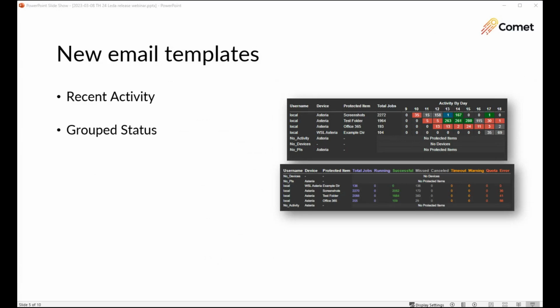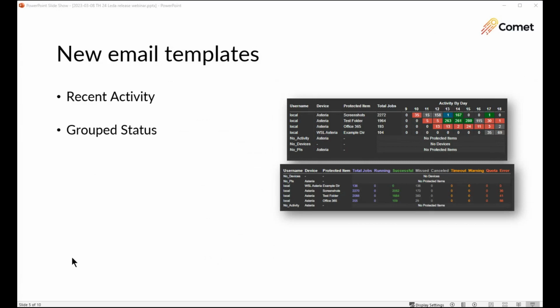There's more. Speaking of these two templates, this leads me into another email related topic, which is we have extended the email system to include two additional new email report templates. They are the recent activity email report and the grouped status email report.